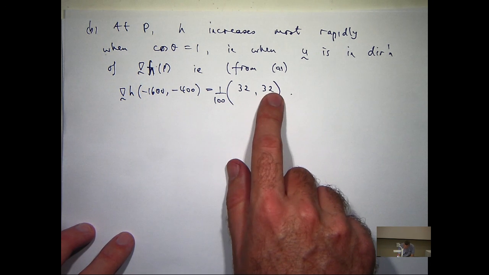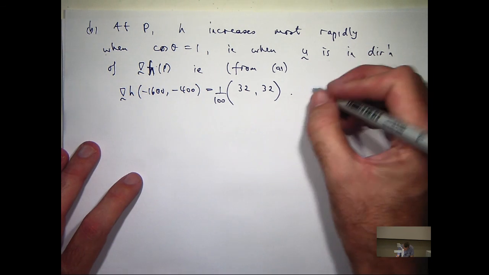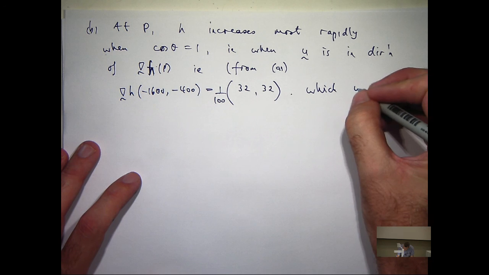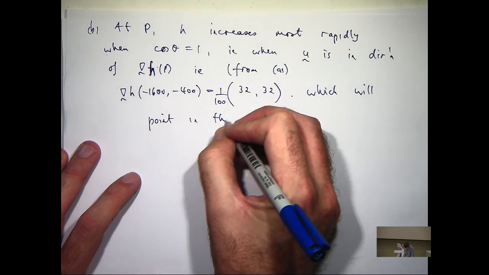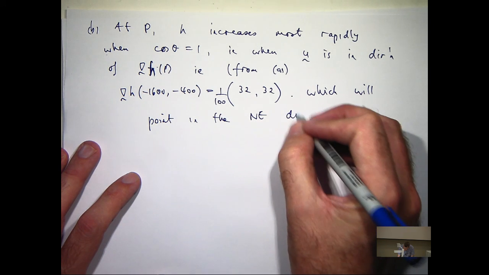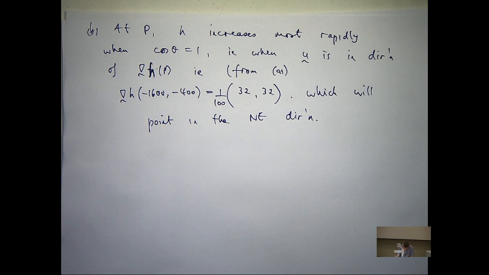So this vector is just going to be pointing in the northeast direction. Okay, so what's the direction of the biggest increase? Well, it's in the northeast direction. So if the bushwalker starts walking northeast, he or she will be challenged.